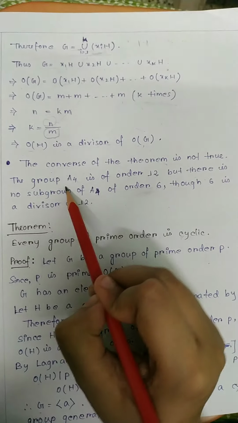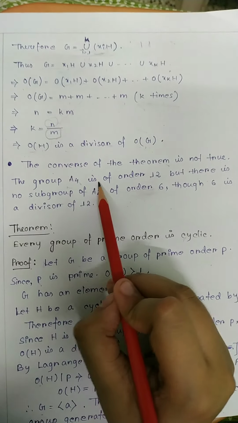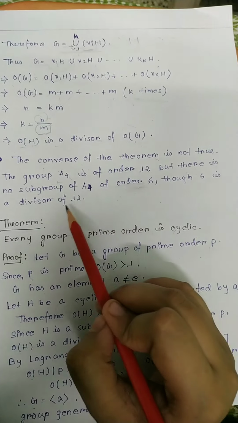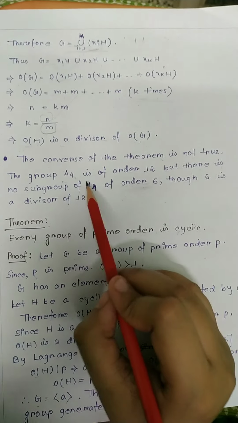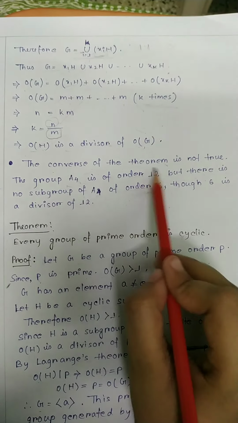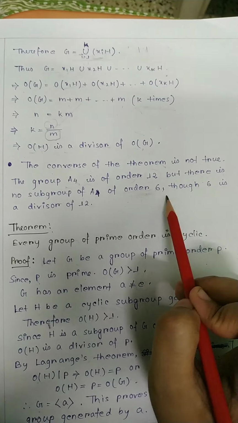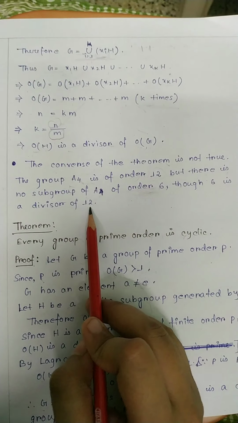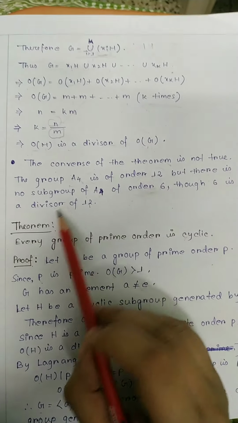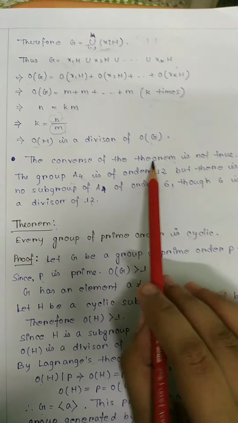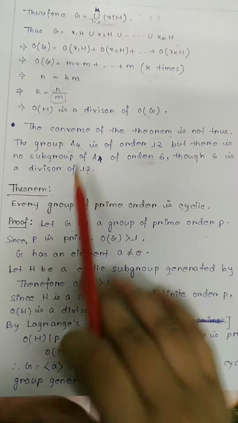The alternating group A4 is of order 12, but it has no subgroup of order 6, though 6 is a divisor of 12. So the converse of Lagrange's theorem is not true.